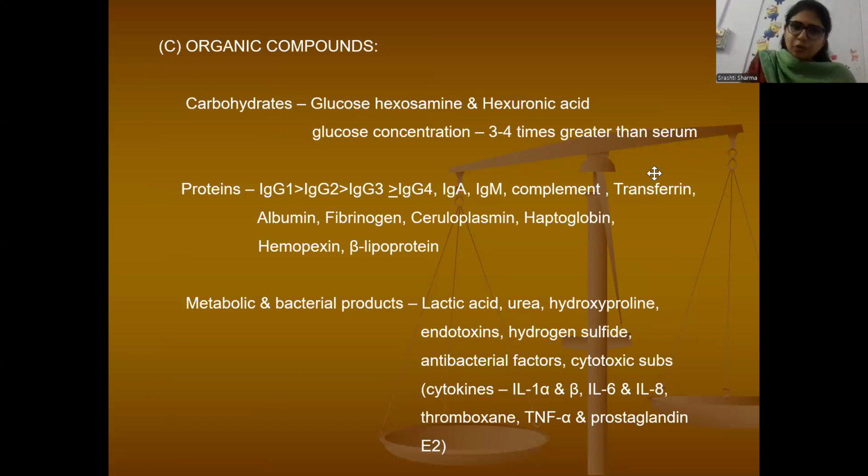Metabolic and bacterial products like lactic acid, urea, hydroxyproline, endotoxin, hydrogen sulfide, antibacterial factors, and cytotoxic substances like cytokines such as interleukin 1 alpha and beta, interleukin 6, interleukin 8, thromboxane, TNF alpha, and PGE2.